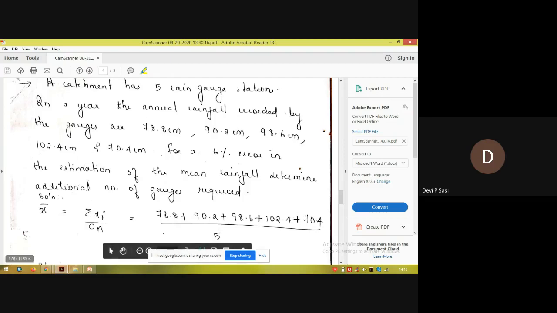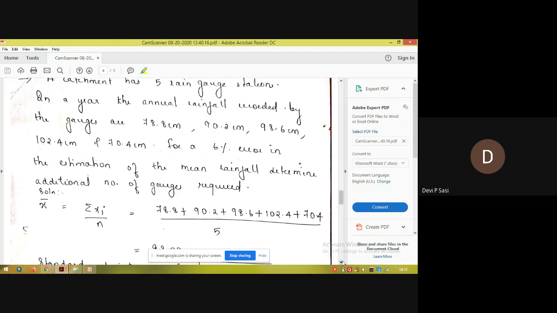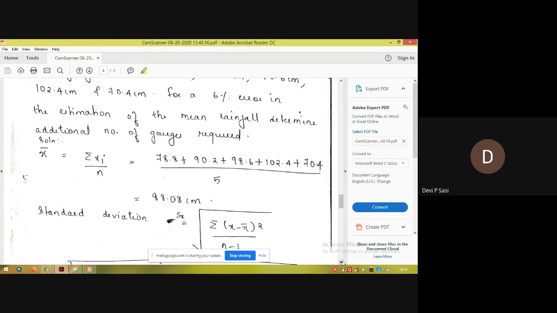So sigma x by n means 78.8 plus 90.2 plus 98.6 plus 102.4 plus 70.4 divided by 5. So, it becomes equal to 88.08 centimeter. You should do this in your notebook and check the answer. So, x bar will be 88.08 centimeter.